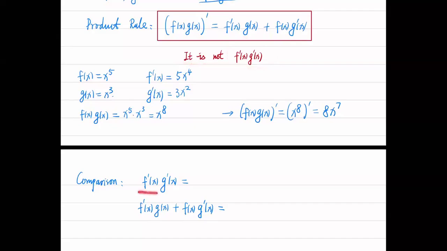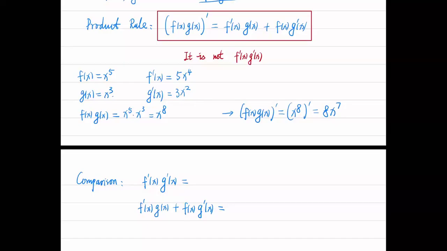Here we have the derivatives. Let's find the product of the derivatives. What do you have? It's product 15.